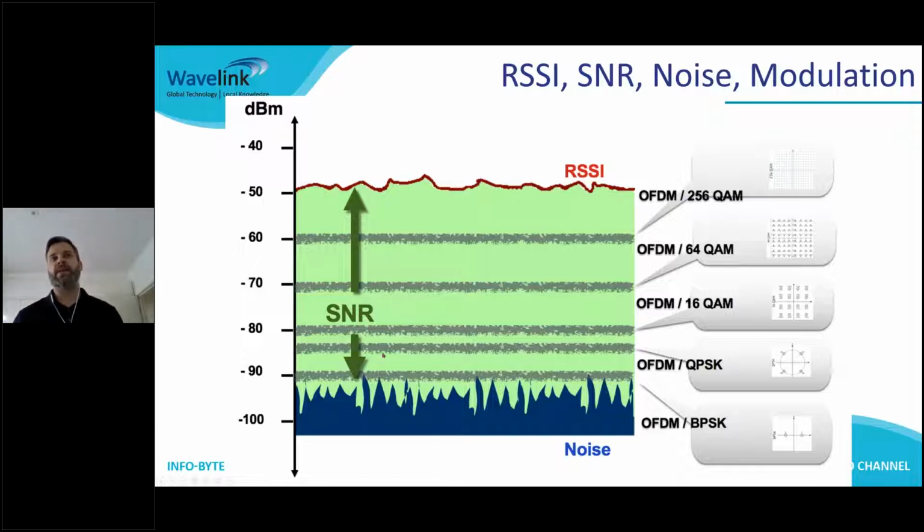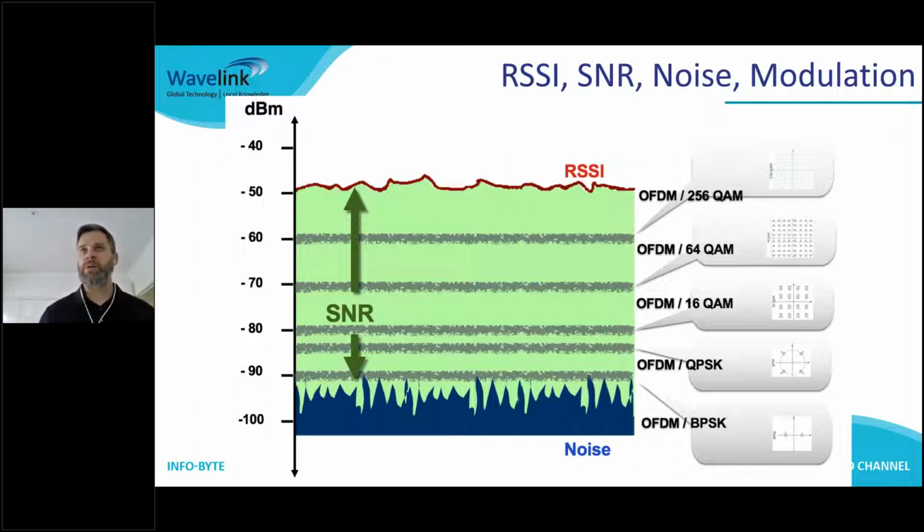But as we see here in this simple breakdown, you might be working with a customer that says, I'm not hitting the speeds that I'm supposed to. Okay, well, what exactly is going on with the signal? How far away are they from the access point? What's their received signal strength indicator? And based on that, every time it goes down past a threshold, as we can see here, it actually drops the modulation. What does that mean?